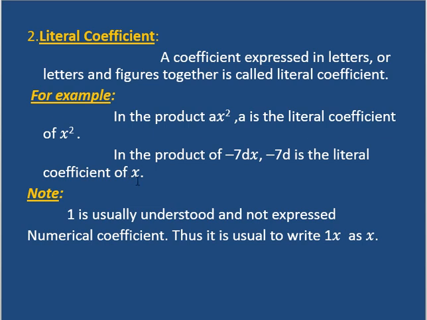It is not only x, it is 1x. And similarly, we have no exponent, no power here, but it is understood x has 1 power. So x has coefficient 1 and exponent also 1.